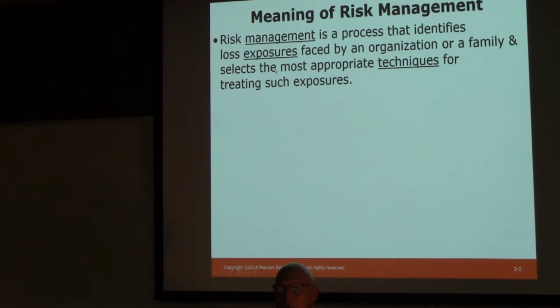So risk management is a planning process. And in the last 25 years, risk management has become much more recognized and appreciated as an important part of managing a business, an organization, a family, and a life.